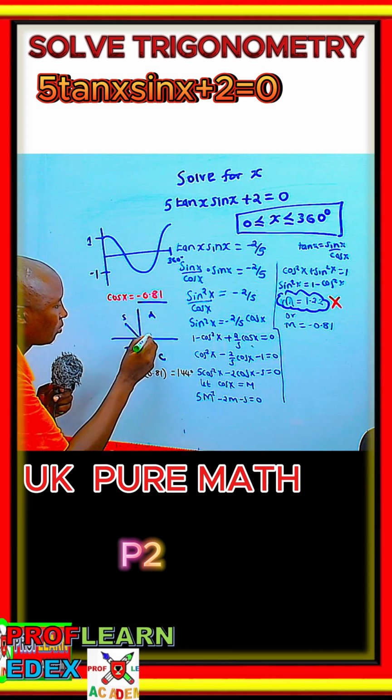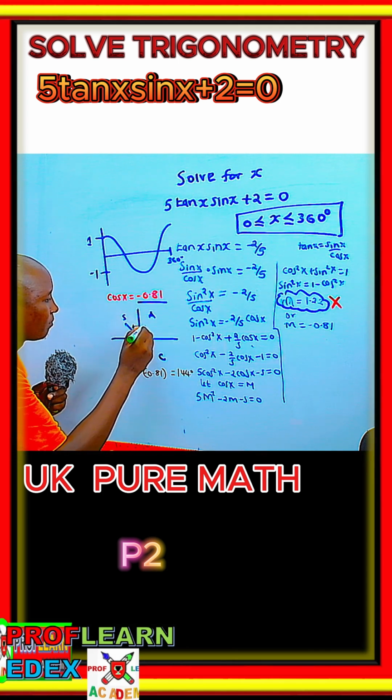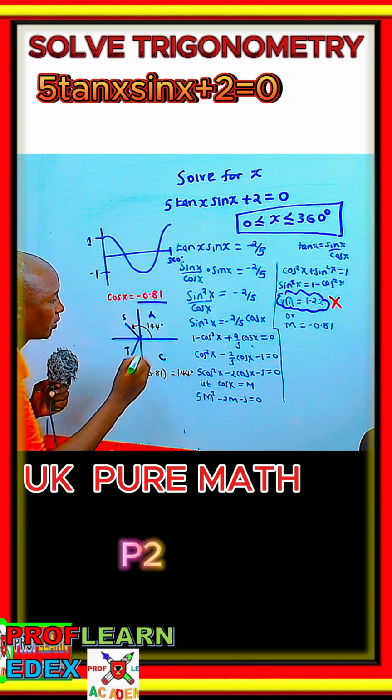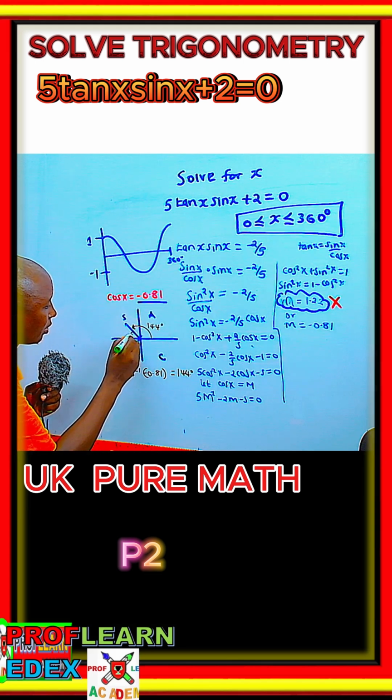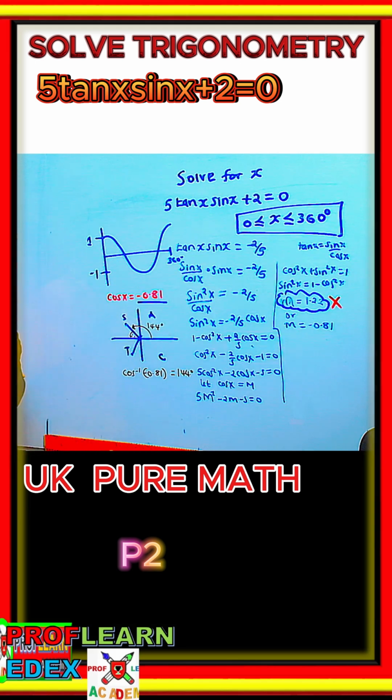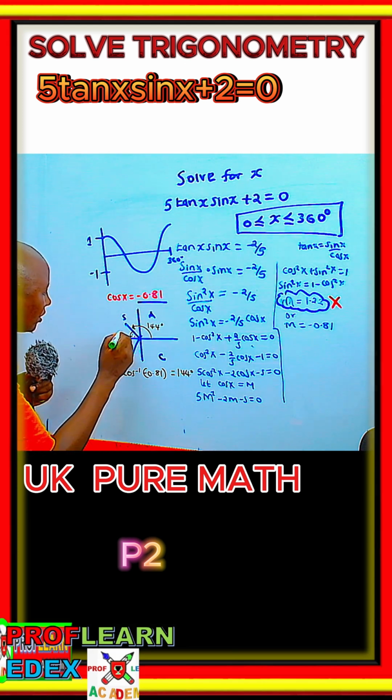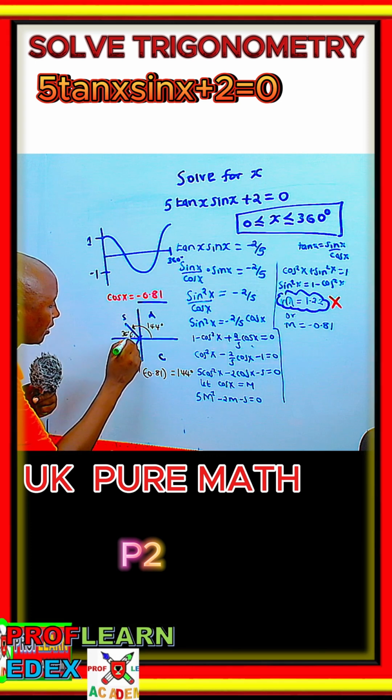So the angle we have up to this point is 144 degrees. So what's the angle down here? If it's 144, it means it's 180 minus 144, which translates to 36. This is 36 degrees, and down here we shall also have 36 degrees.